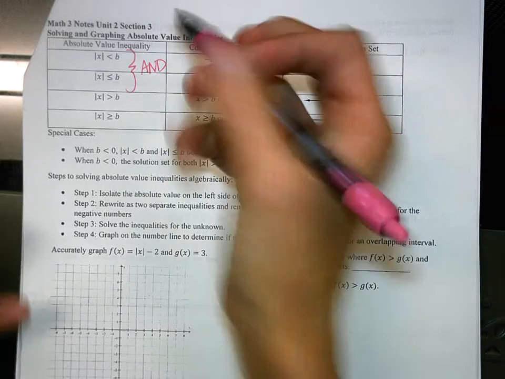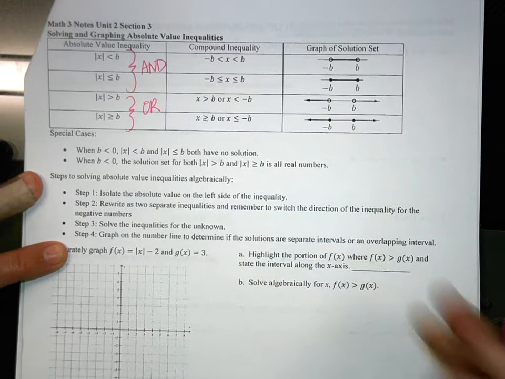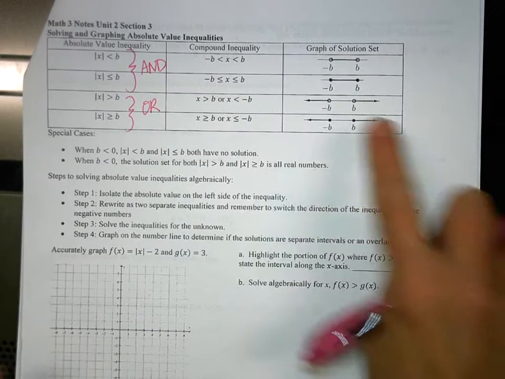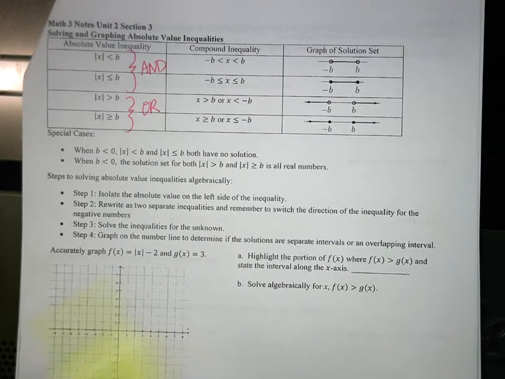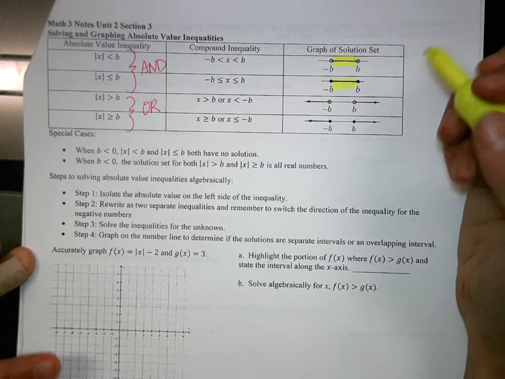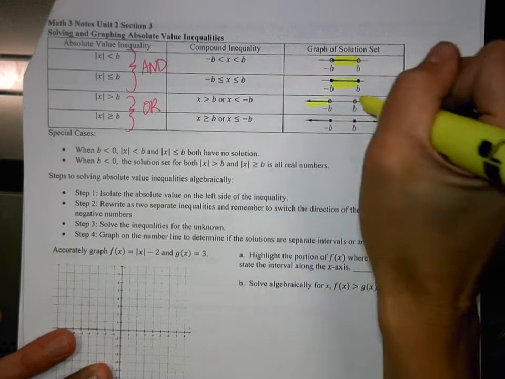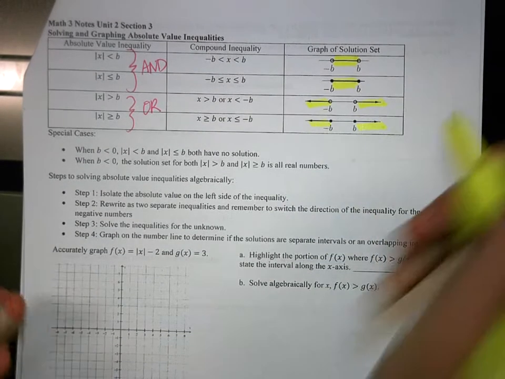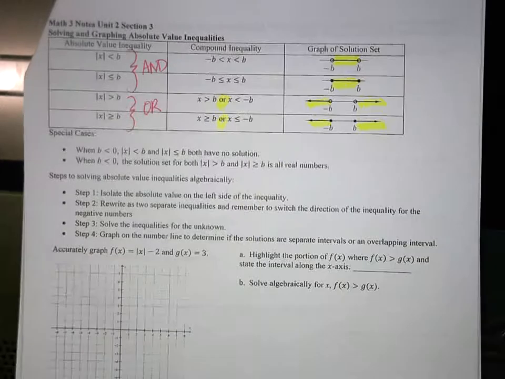Here, this is a greater than, or OR statement, where you end up with one part of the graph or another part of the graph. If you want to highlight these just so you can see them better: our ands are where they're together. It's both of them in the middle. And our ors are where it's on the sides, and you have two separate statements.